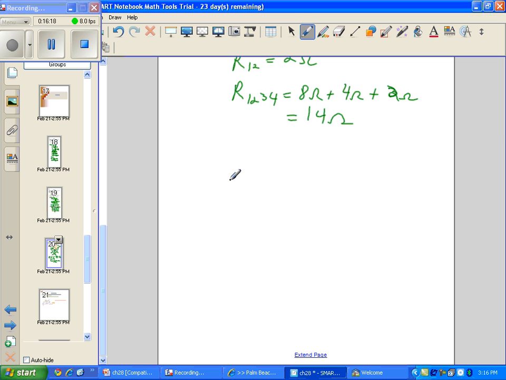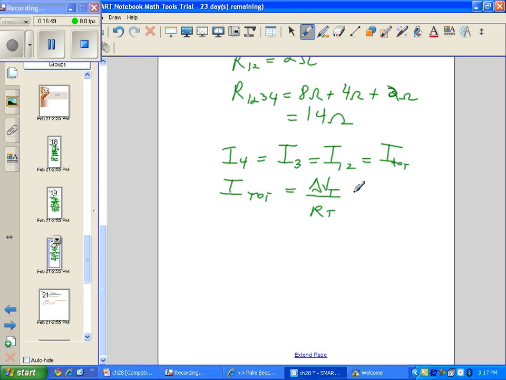Now, recall that R12 with R3 and R4 were connected in series. And what that means is that I4 will equal I3 will equal I12, which will equal I total. So how about if we get I total using Ohm's law? Ohm's law says that I total equals delta V total divided by R total.